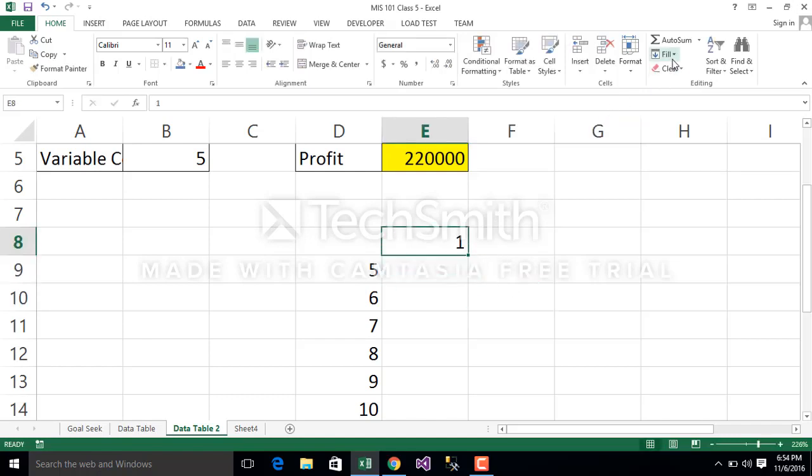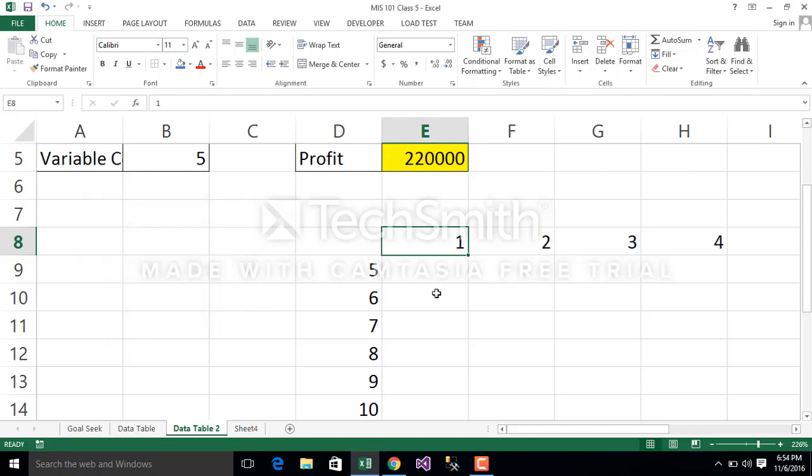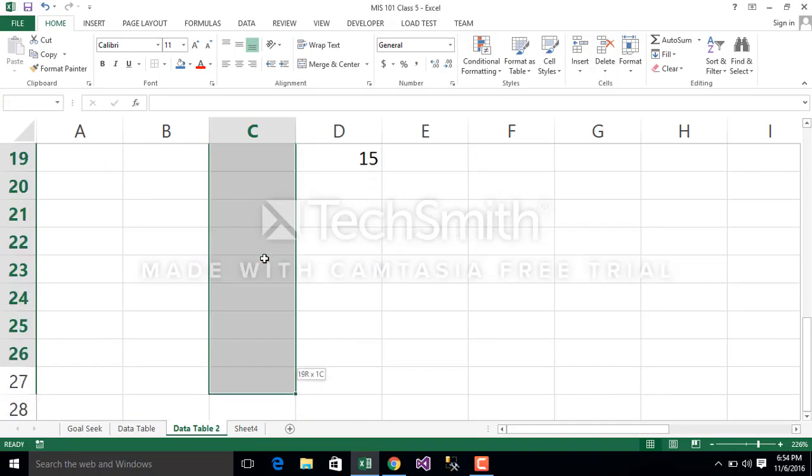Just take different values. So this is price. This is the price column.